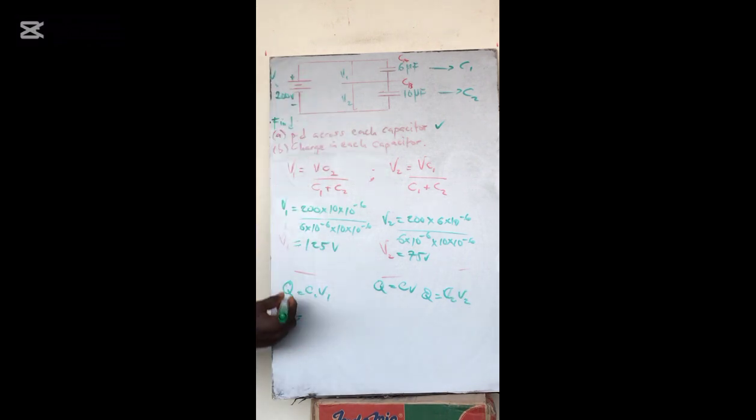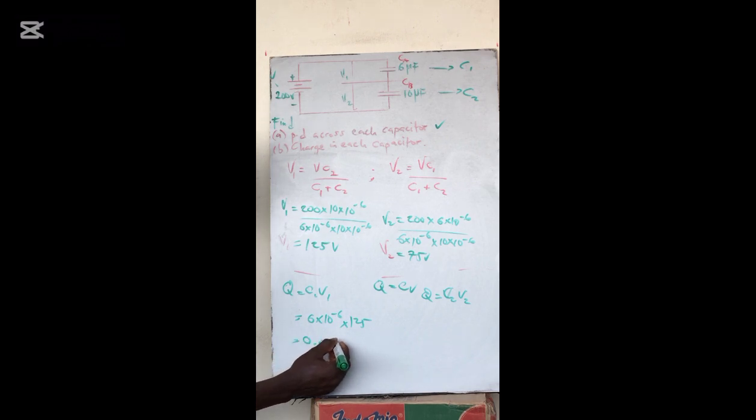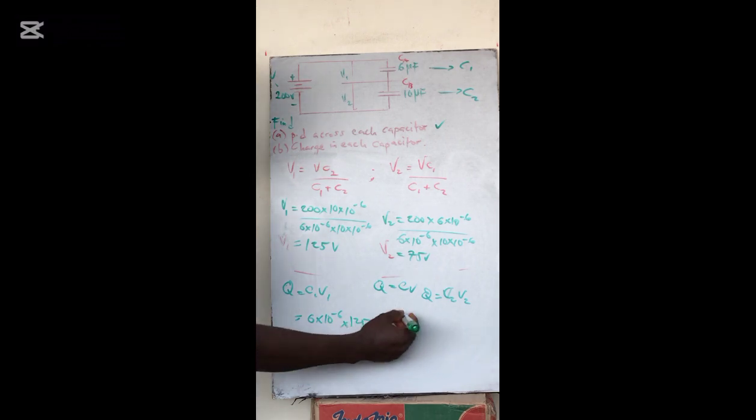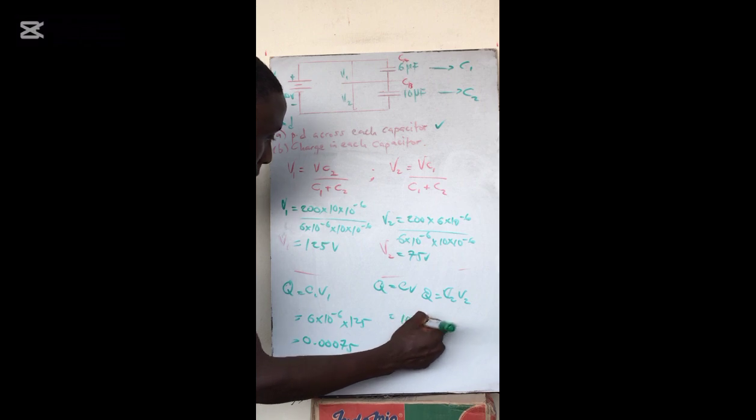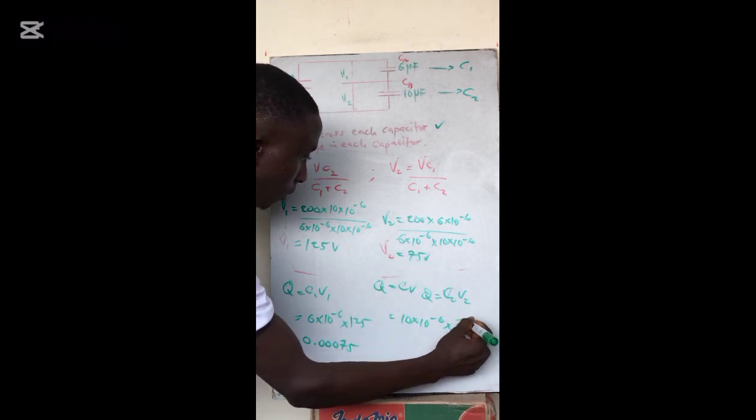What's our C1? Our C1 is 6. 6 times 10 raised to power minus 6 multiplied by 125. So we are having 0.00075. Yes. So that's for this. When we calculate for these two, your C2 is 10 times 10 raised to power minus 6 multiplied by 75.